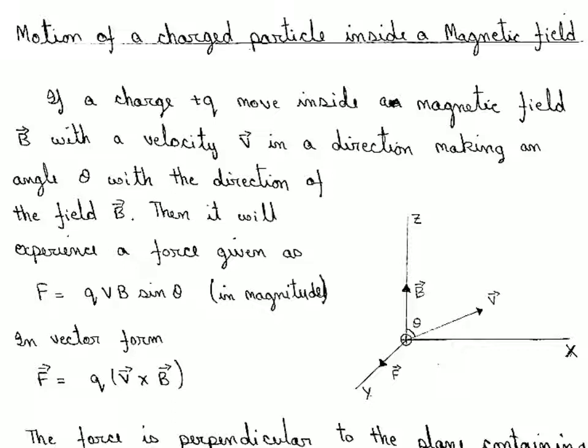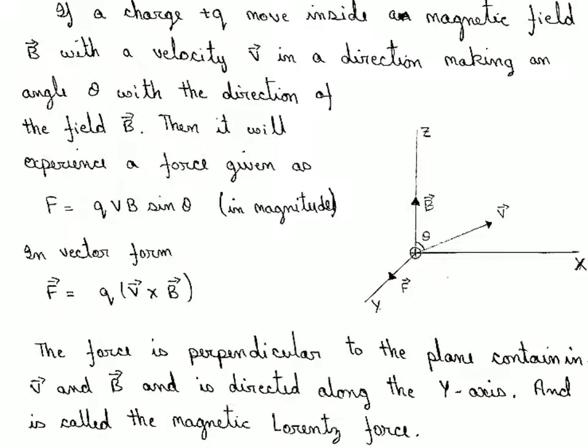So it's given as the cross product of the velocity vector and the magnetic field vector. Now this force is called the magnetic Lorentz force, and since it is a vector product of v and B, the direction of this force can also be found by using the right hand vector product rule.